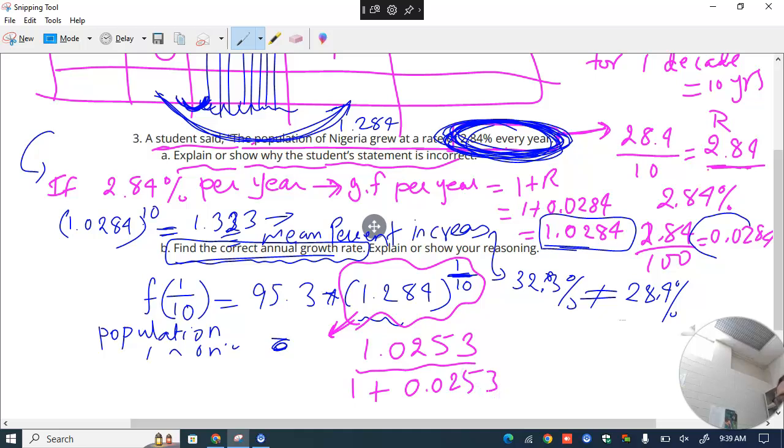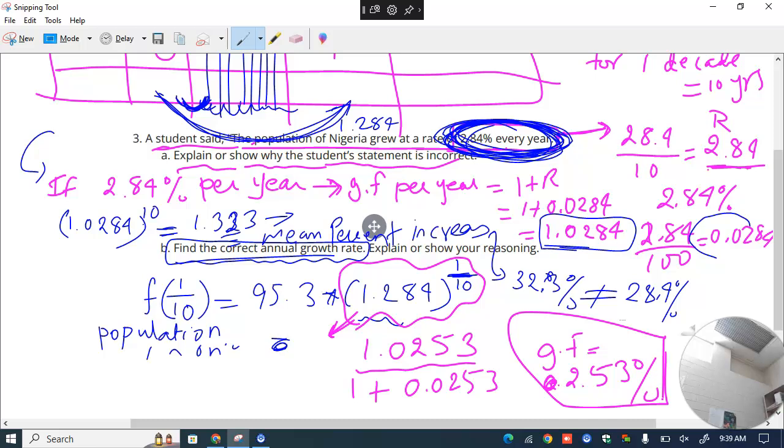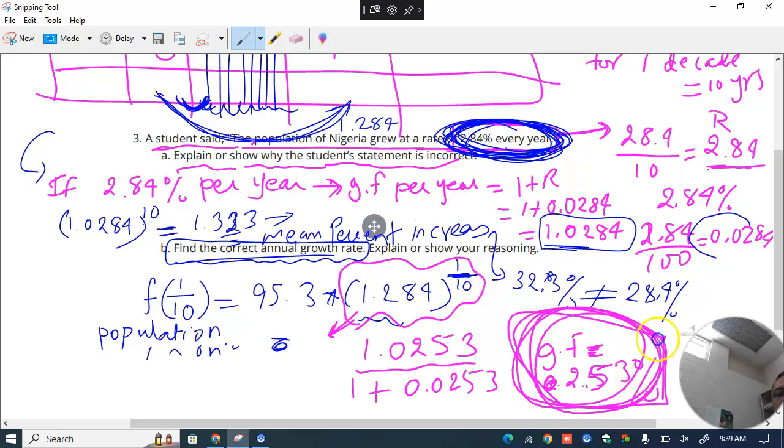That means your growth factor becomes 2.53%. So this is the right answer, and this completes all three questions. So for each year, it is 2.53%. So that's the correct answer.